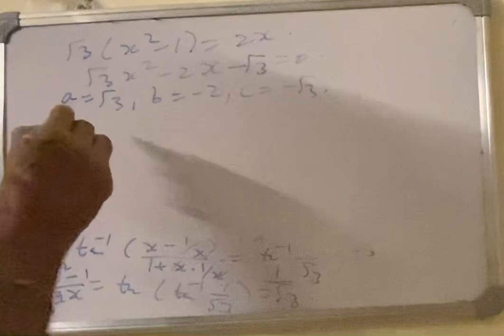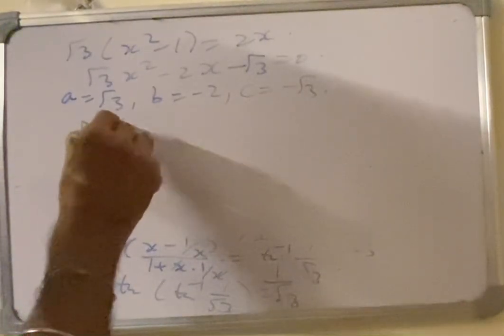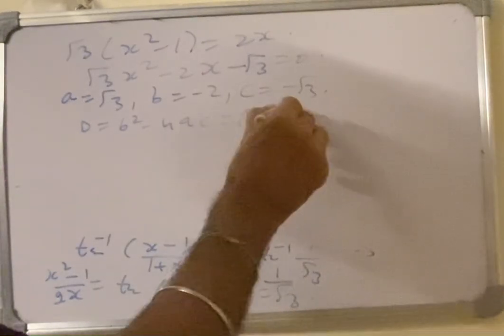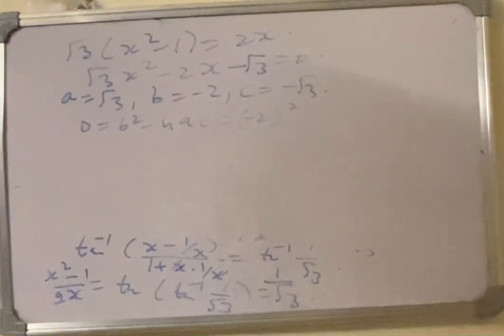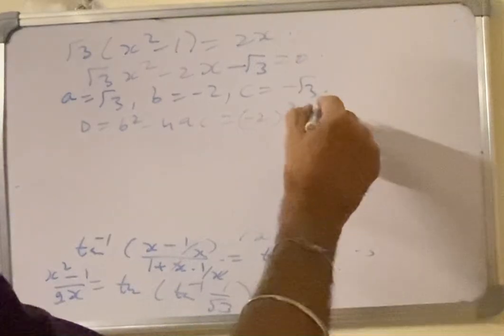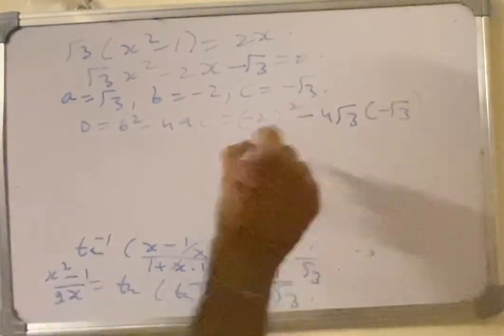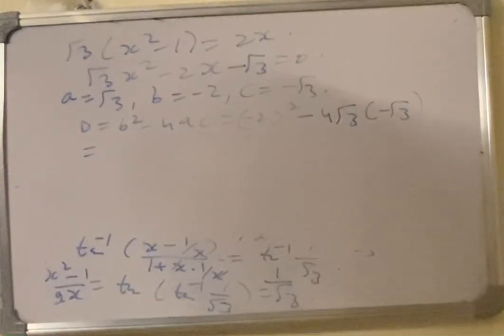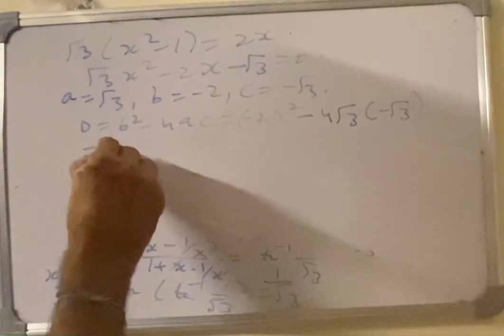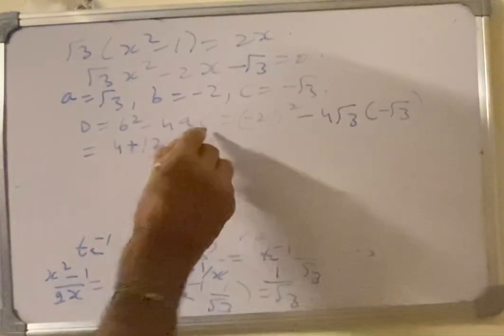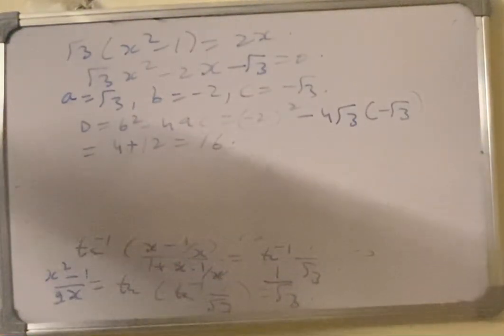Therefore, discriminant D is B square minus 4AC, minus 2 whole square minus 4 square root 3 into minus square root 3, is equal to 4 plus 12 is equal to 16.